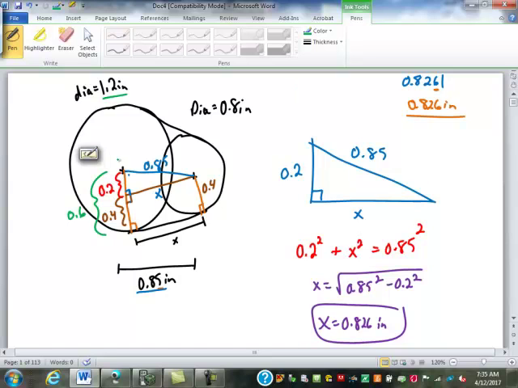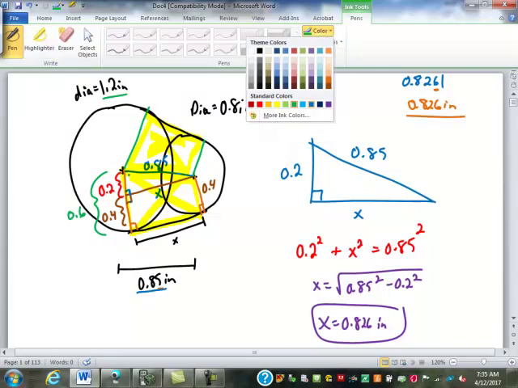So now, to find this area, I'm going to look at this piece up here that I just drew in, which is the same shape and everything as this piece down here. So if I can find this area, I just double it and I'll have both of those areas.